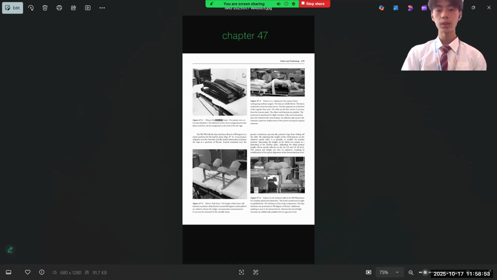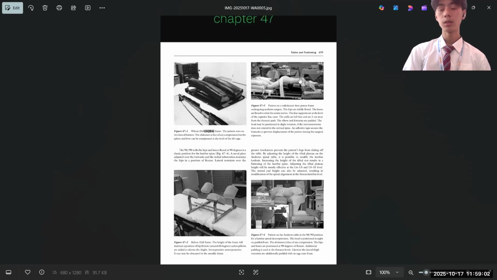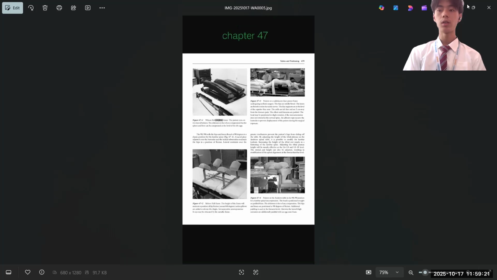We can see in this image that the patient has to lie in a prone position, in this type of setup, for better exposure of the spine. We could also use other materials like sandbags for better support of the patient. And these are the final steps of curing spinal deformities.